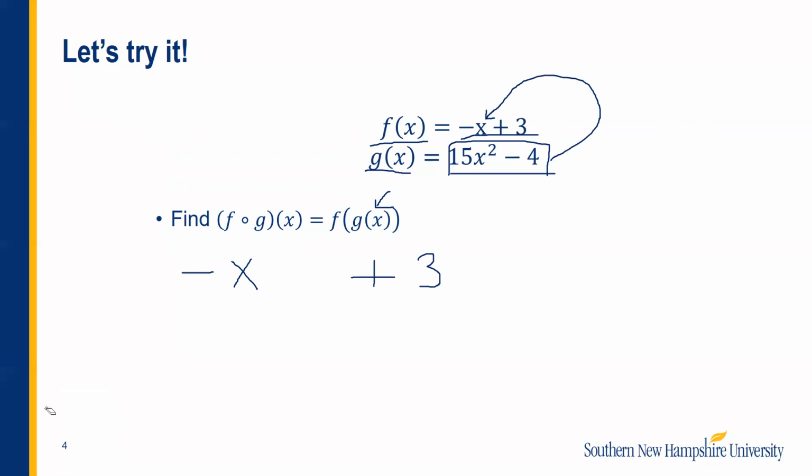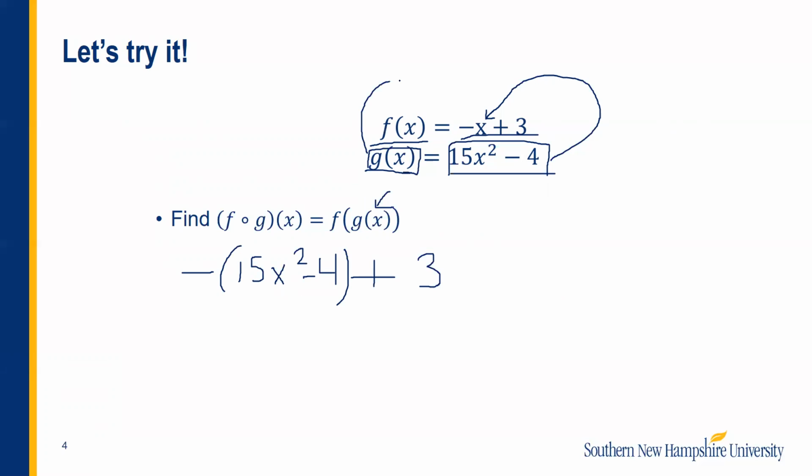So instead of x, we're going to erase x, and we are going to put our new g into the problem. So that 15x squared minus 4 has been inserted for x, for our variable. Our variable became the whole function g of x.